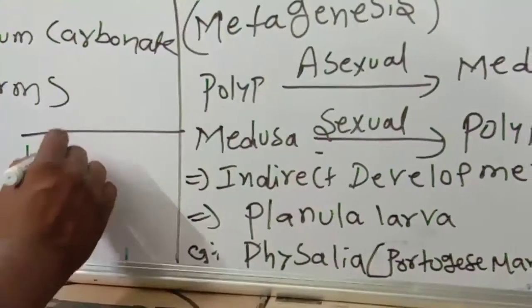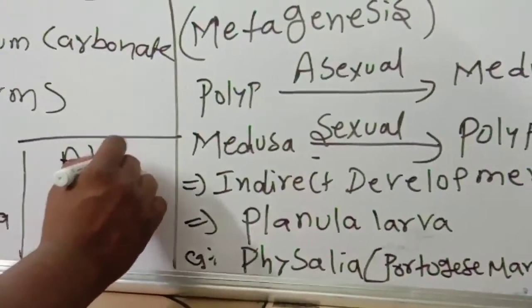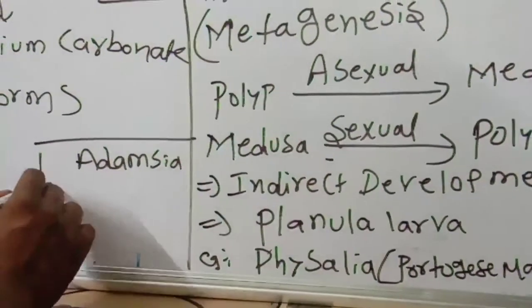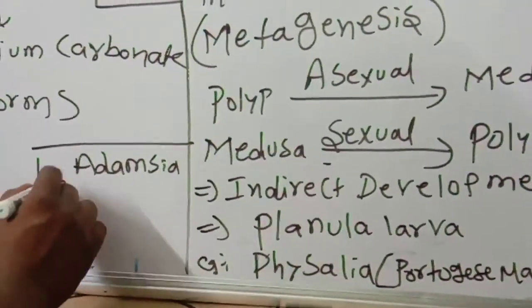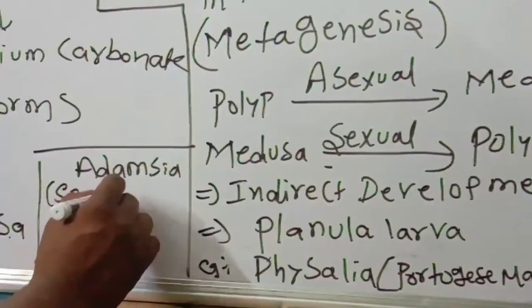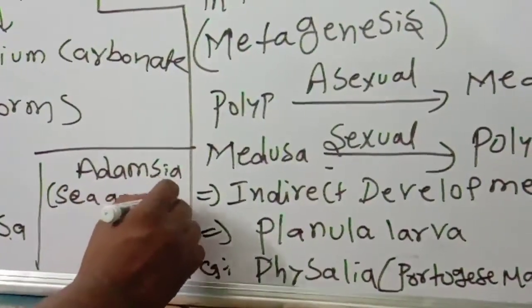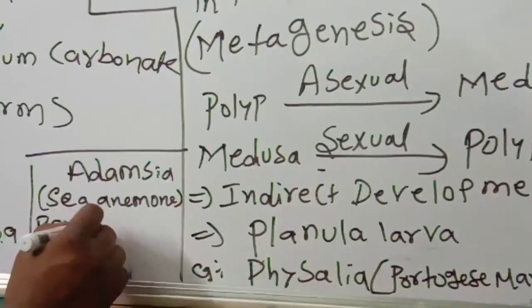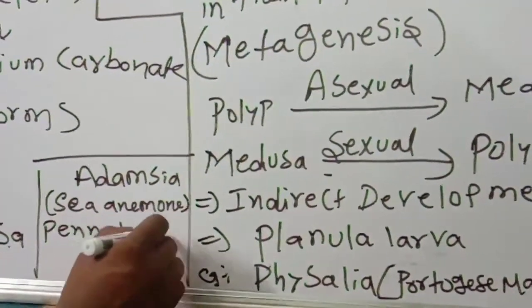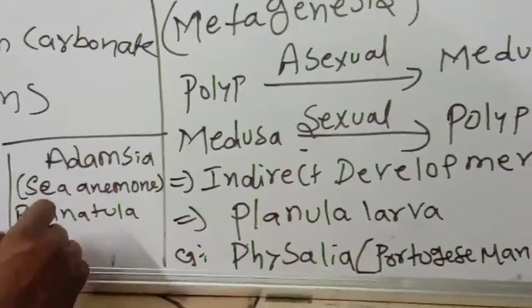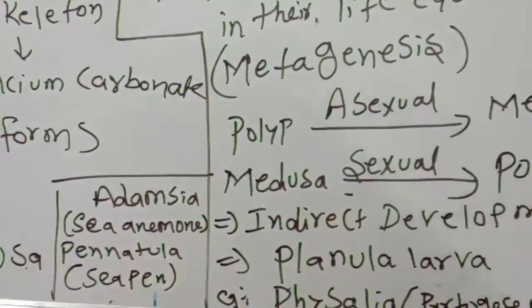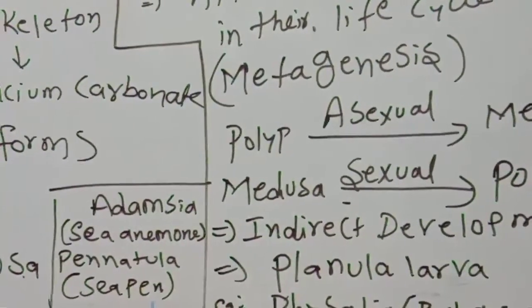Adamsia means sea anemone. This point you should remember. And Pennatula. What is Pennatula? It is the sea pen. Like that, some examples are there.